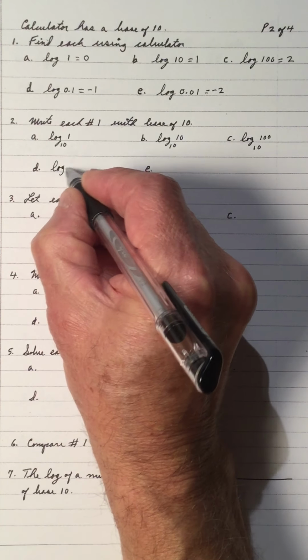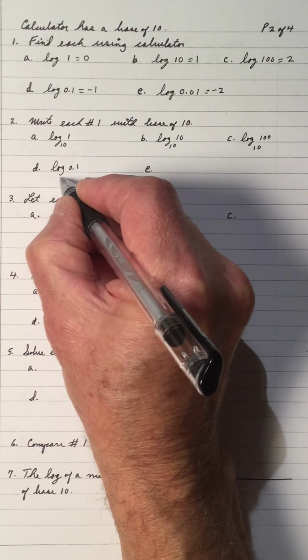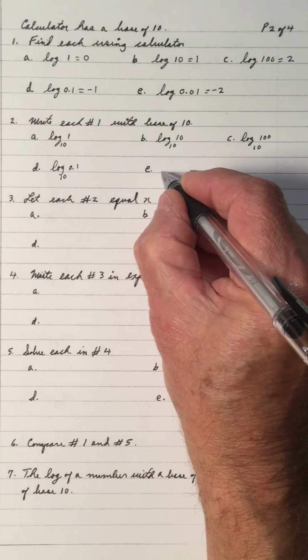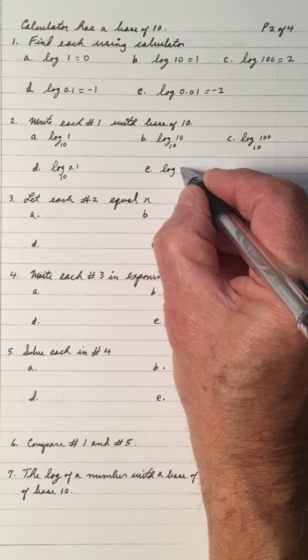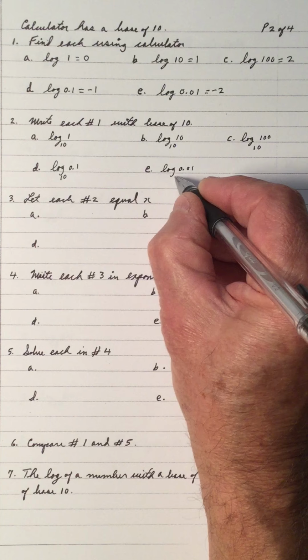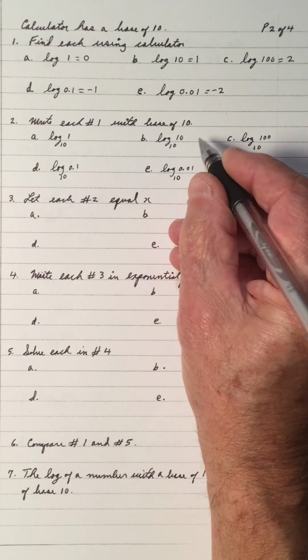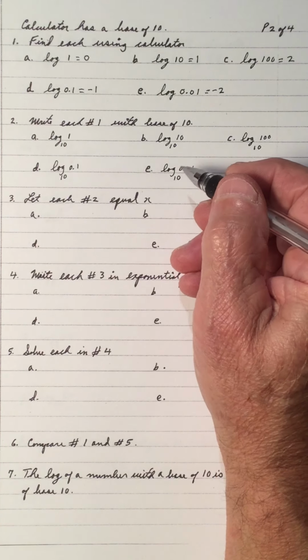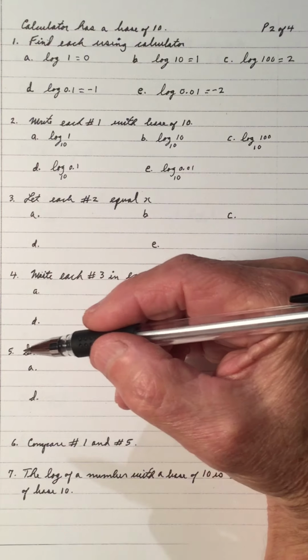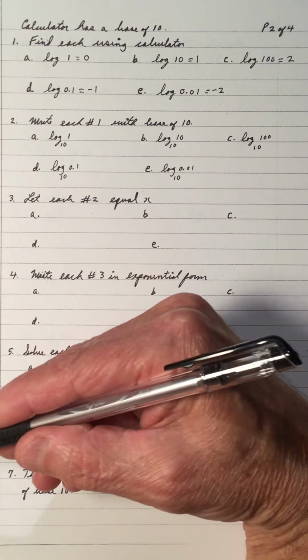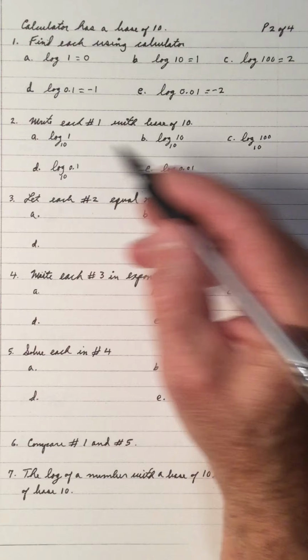The log of decimal 0.1, base 10. And this is the log of 0.01. So I put the base of 10 for each of these, because just then when I used the calculator, the calculator has the base 10.